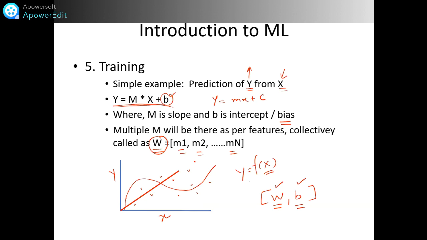For multi-dimensional problems with attributes x1, x2, x3, the line is converted into a plane, then into higher-dimensional spaces. Accordingly we have to manage that, but the ultimate goal of any machine learning algorithm is to identify a set of weights and a bias.